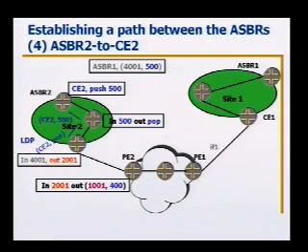Again, what does this mean? The top label is the label that's going to give us transit within Site 2. It's the LDP label that's going to carry the traffic between ASBR2 and CE2. And the bottom label, label 4001, is the label that's going to inform CE2 that this traffic is actually meant for ASBR1.